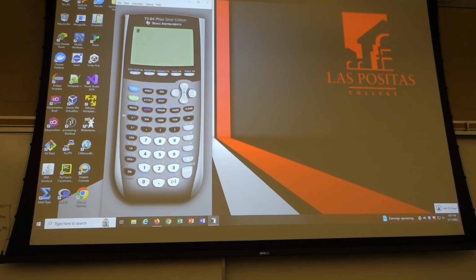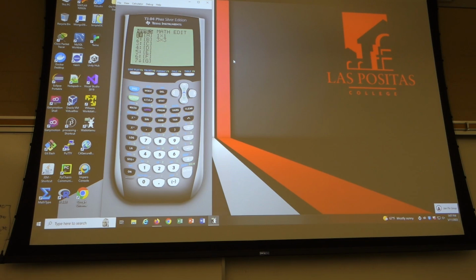Yours might be yellow or some other color. Matrix is a different color. You have the second key to get the matrix, because the second key should be the same color as matrix is in. So I'm going to hit second matrix, and then this comes up. Leave the names alone. Don't mess with the names. Go over to edit.